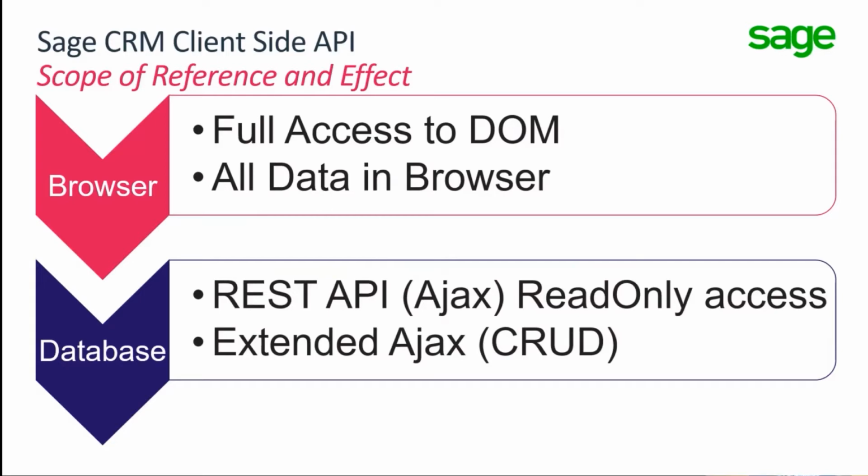We can look at any data that's in the browser, everything from the values within the URL to the text and the captions and the data on the screen, whether they are hidden fields or not. And importantly, as in that last one that I showed you, where you can fetch data from inside the system, the client-side API allows server-side data to be fetched using the REST API.